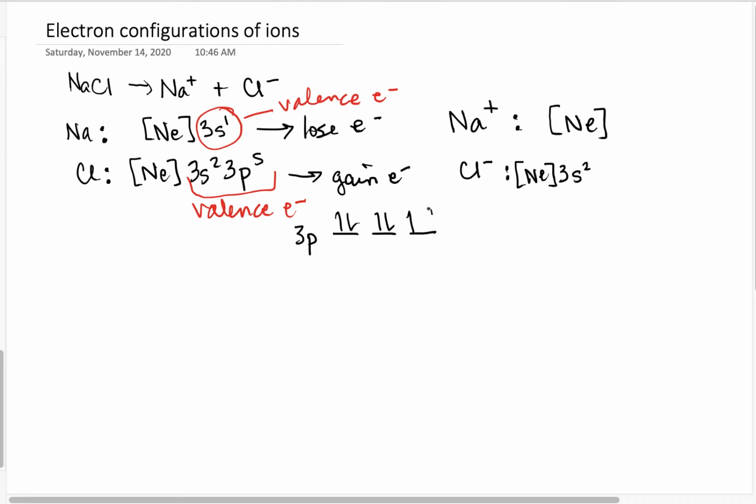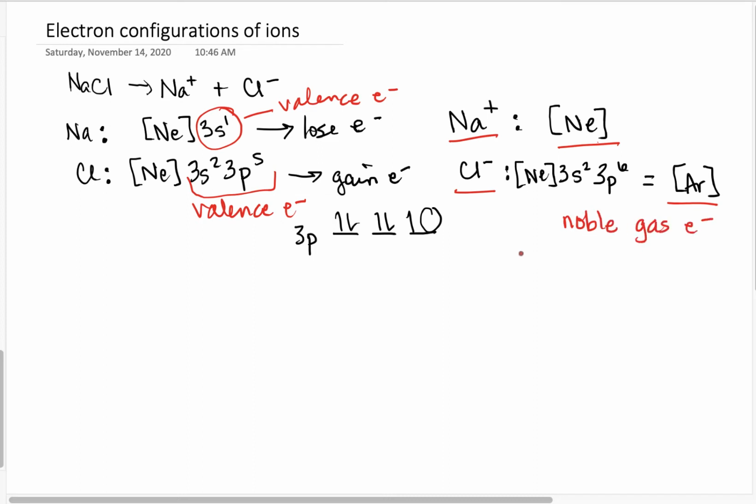So we have space for one more electron right here. So that's going to be 3p6. But notice that this is also exactly the same thing as the argon electron configuration. So both the sodium ion and the chloride ion have reached a noble gas electron configuration, and noble gas electron configurations are extra stable.